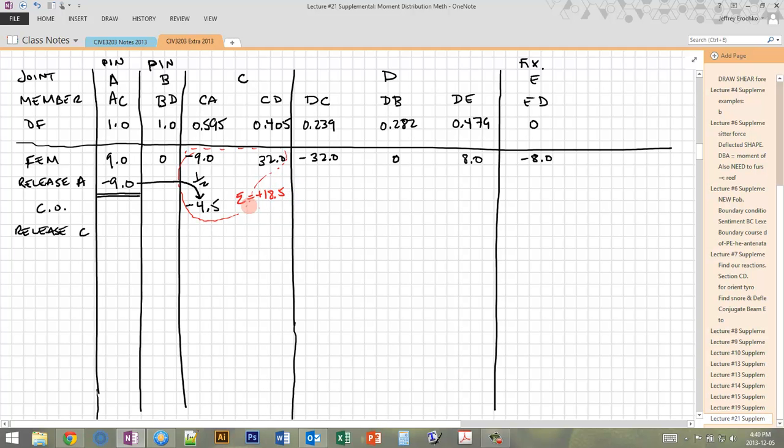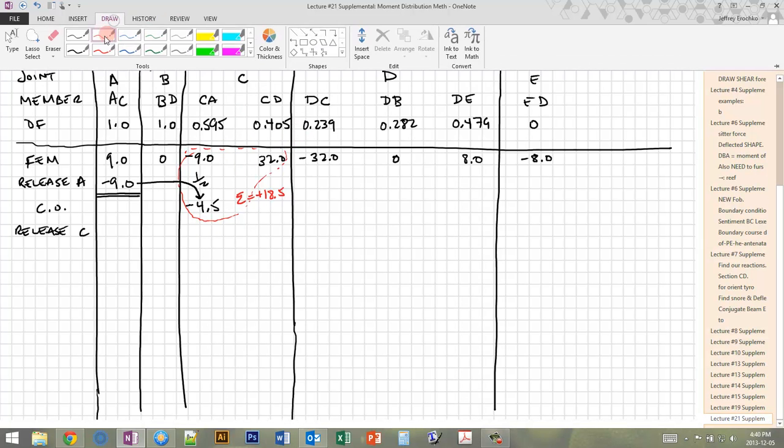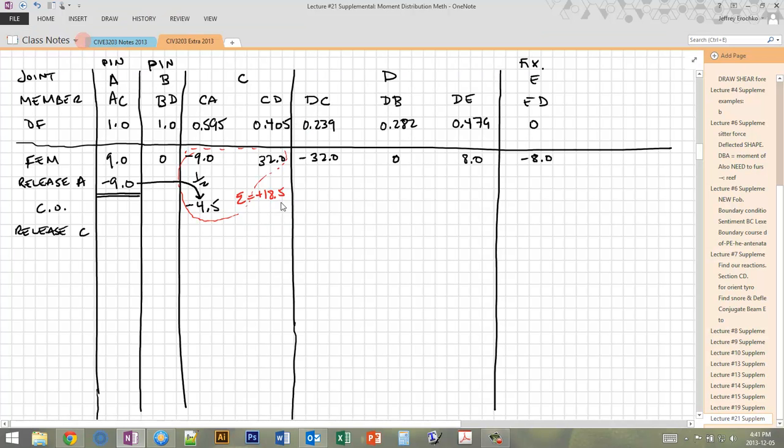But how do we add it? We can't just add it to one member or the other. And so this is where our distribution factors come in. We have to add this negative 18.5 to balance the positive 18.5. We have to add the negative 18.5 according to the relative values of the distribution factors. So here we have negative 18.5 times 0.595.